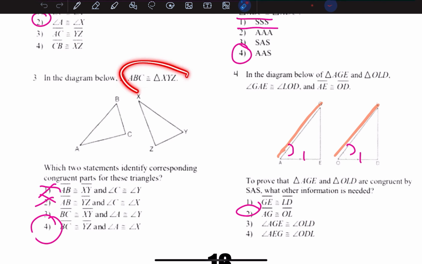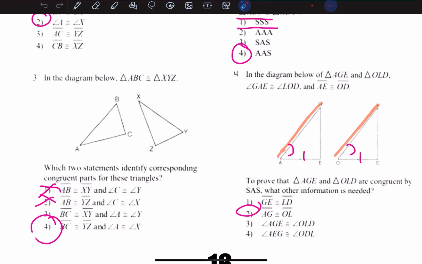Again, they give us congruent triangles and ask us for the corresponding congruent parts. I crossed off 1 because just looking at the angles is the quickest way. C is the third, Y is the second, not corresponding, not going to be my answer. C and X, 3 and 1, not corresponding.